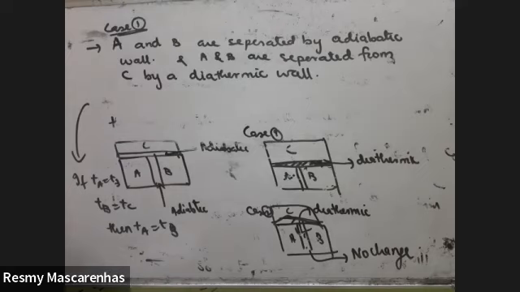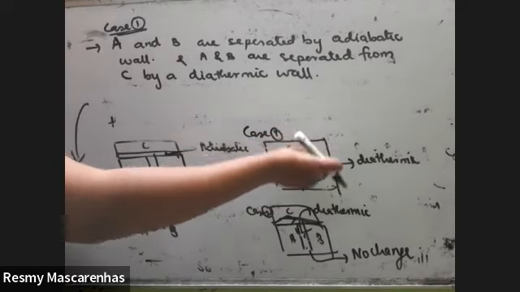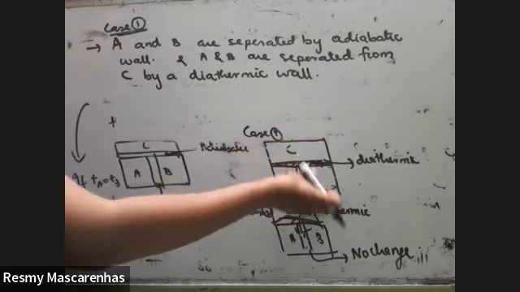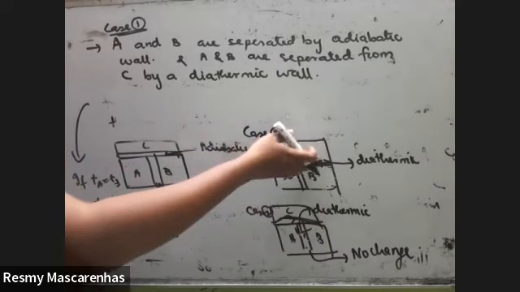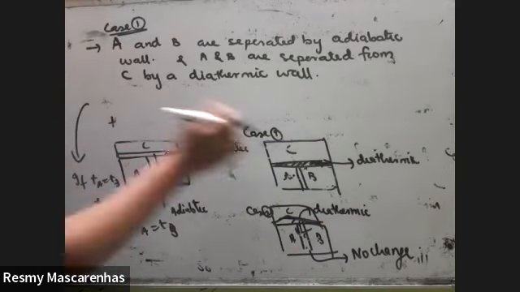It allows only the heat to flow, not the substance. Like, suppose if there was water, this water will not go in there, and water from there will not come here, only the heat. So this is separated by a diathermic wall.